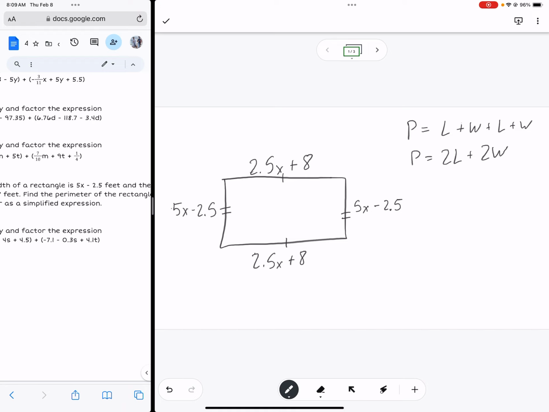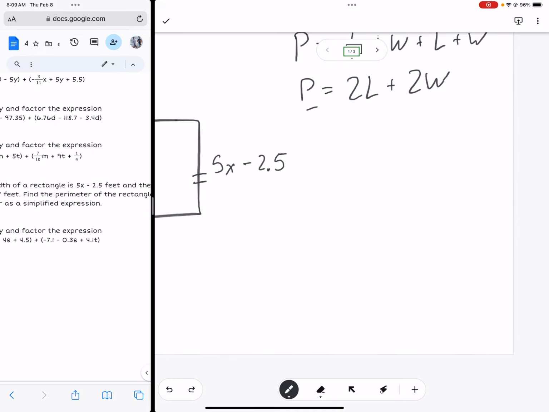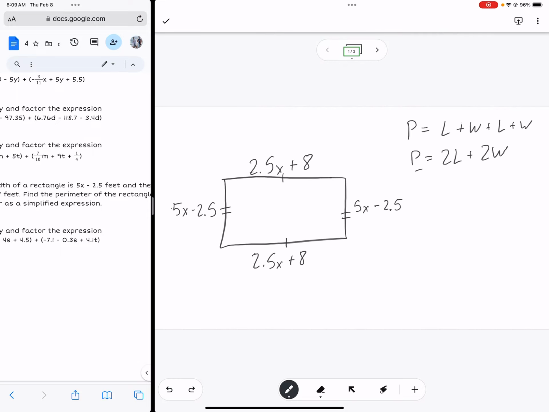All right, so we're going to use this formula right here. Which way do you guys like better? The bottom one? Yeah, so what we're doing here is on the sides, you have your width. So you're going to take your perimeter formula.